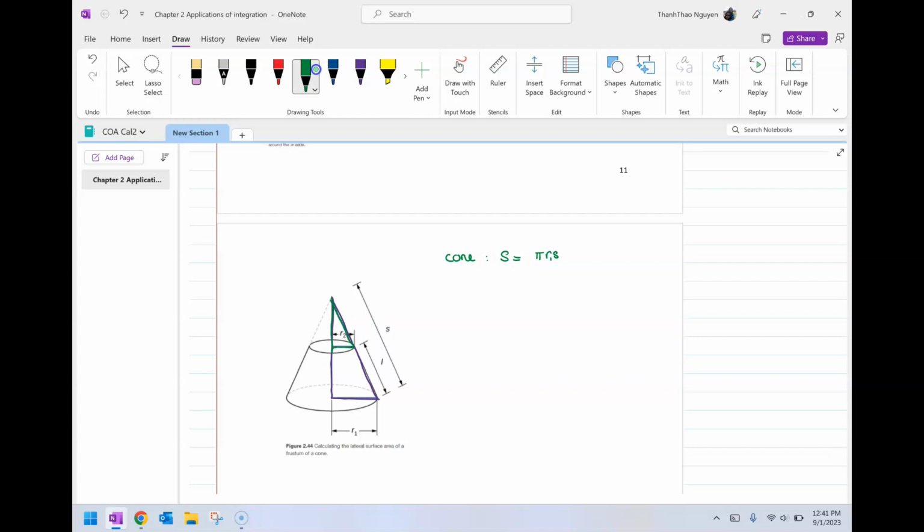Okay. Now we can set up this proportion: R2 over R1 equals S minus L divided by S. I'll go ahead and solve for S in this equation. S then equals R1L divided by R1 minus R2.